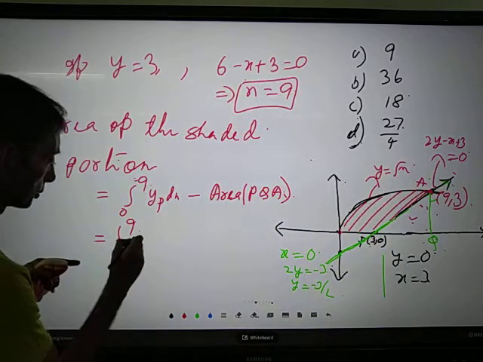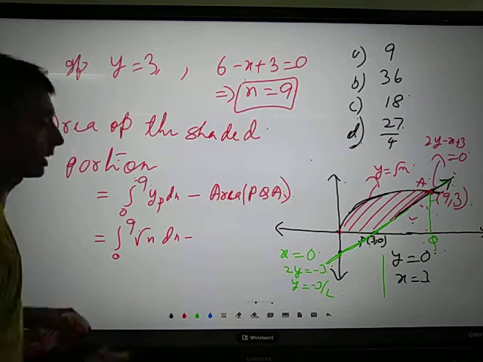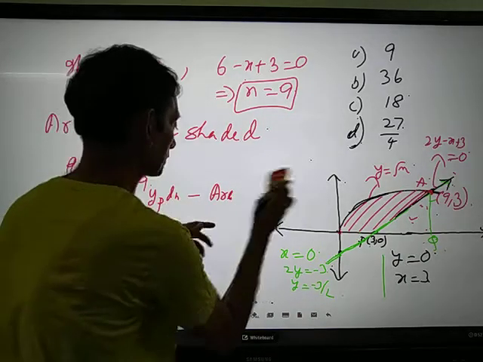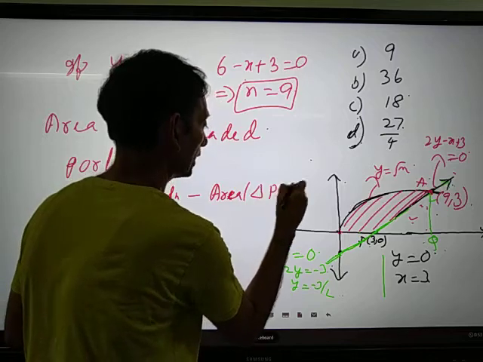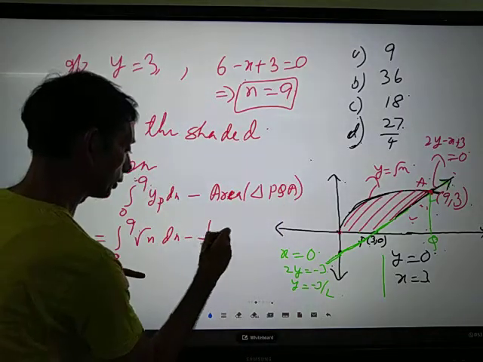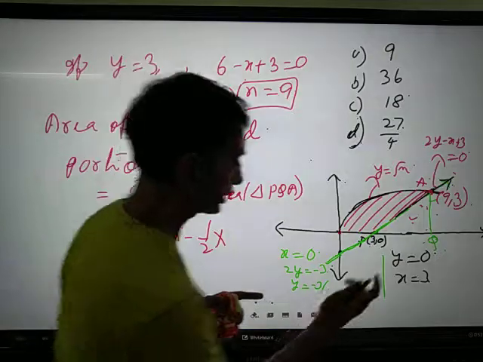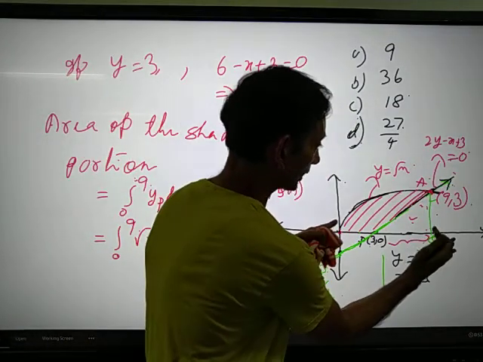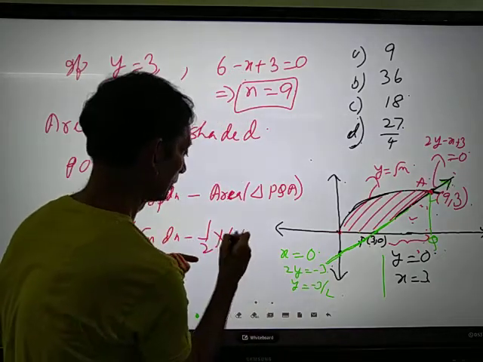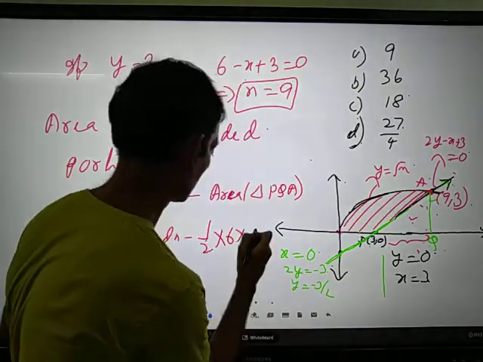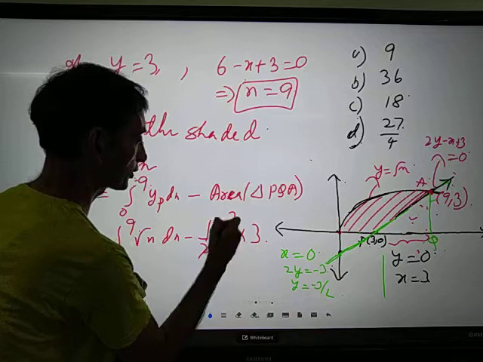So replace this, it is root x dx minus the area of the triangle PQA. What is half into base? Base means this length. The whole length is 9, but you are starting from 3, so it will be 6. What is the height? Height is equal to 3. So if you multiply 3.